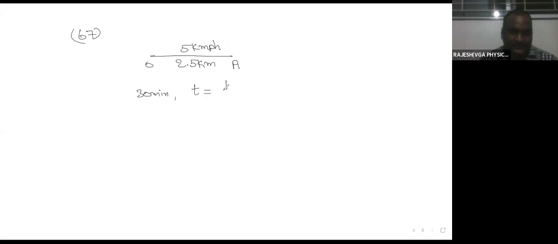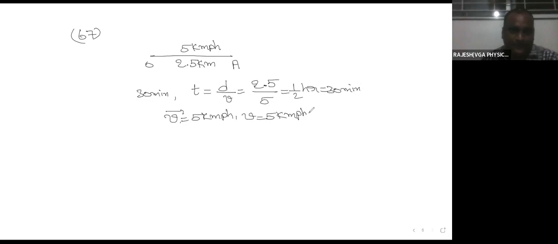Time is distance by speed, that is 2.5 kilometers by 5 kilometers per hour, which is half an hour, that means 30 minutes. When he is going from O to A, the distance and displacement are the same, so velocity is 5 kilometers per hour. Speed is also 5 kilometers per hour because it is a straight line. Both are the same. Then he finds that it is closed and he travels back with 7.5 kilometers per hour, right?